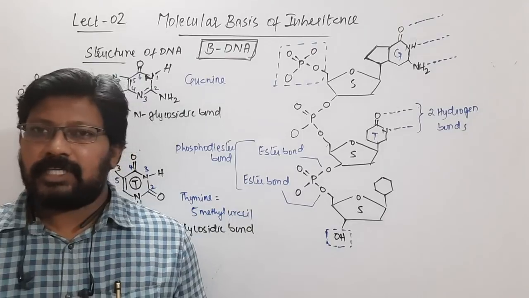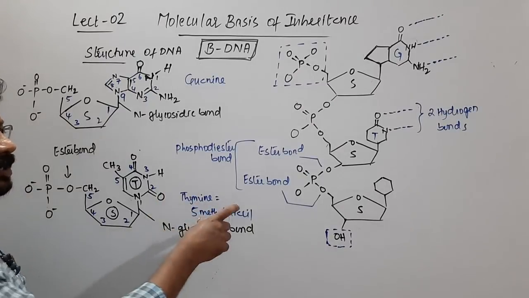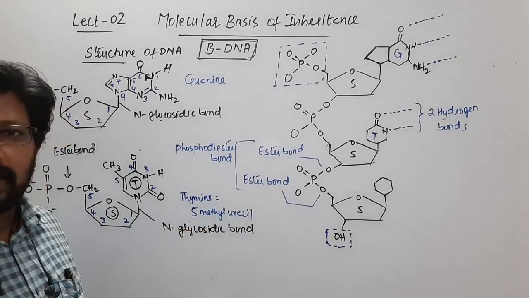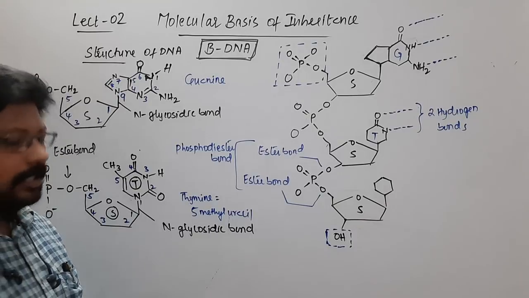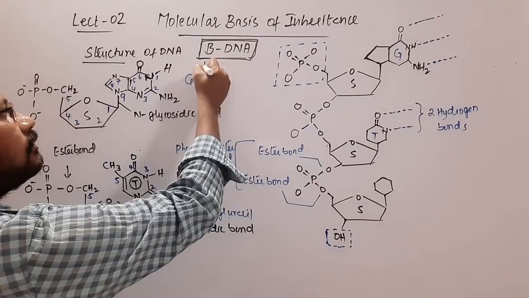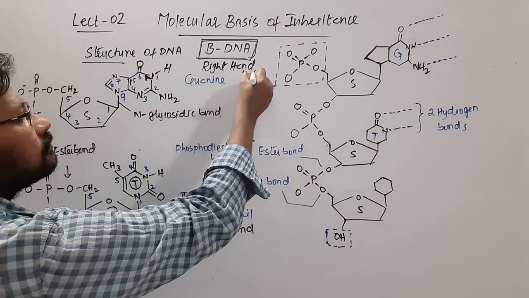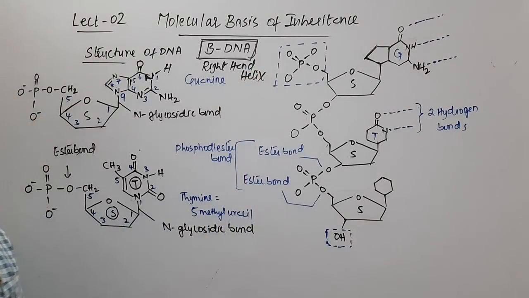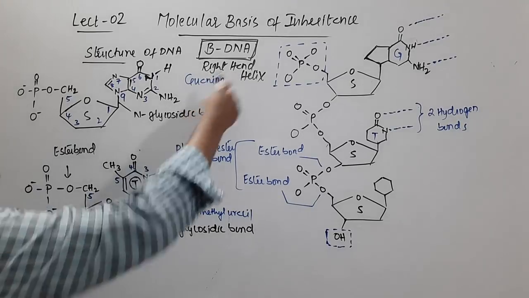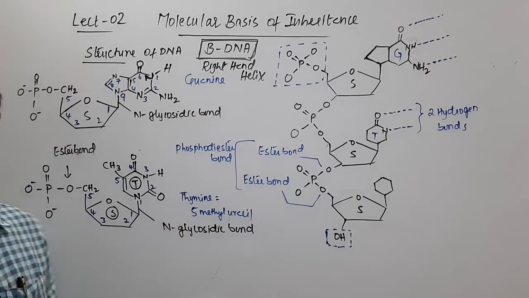We have A-DNA, B-DNA, C-DNA. Especially Watson and Crick explained about B-DNA, and this B-DNA has a right-handed helix. It is a right-handed coil, so that's why I mentioned right-hand helix, and it's B-DNA. So whatever I discussed till now is B-DNA.